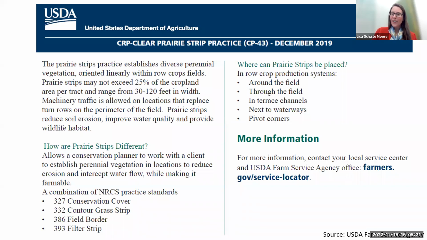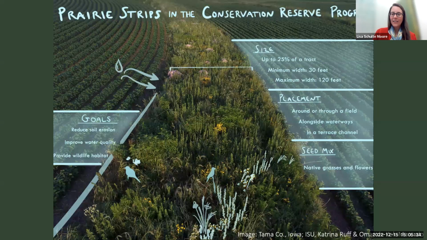And for those of you unfamiliar with prairie strips, here is the basic guidance that FSA has in terms of establishing prairie strips on farm fields. A colleague of ours on the STRIPS project developed this infographic to show it in an aesthetic way.